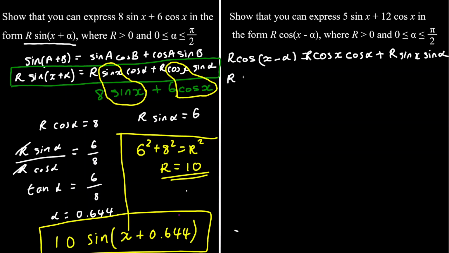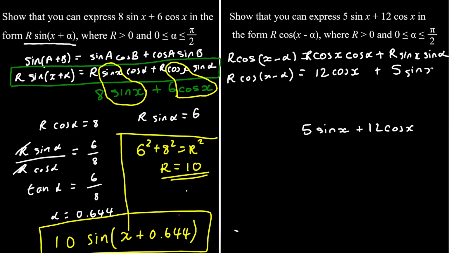Then we're going to need to compare. So if r cos x minus alpha is going to equal 5 sin x plus 12 cos x, we need to compare these two. So they're equal, and we're actually going to have to write it the other way around. So it's going to have to be 12 cos x plus 5 sin x.